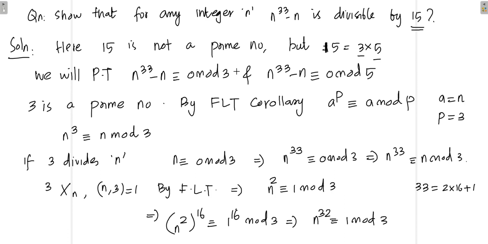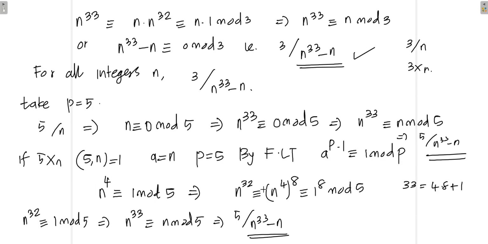So ഇവിടെ നമ്മൾ 15നെ 5 into 3 എന്ന് എഴുതിയത് 3യുടെ കേസിലും 5ന്റെ കേസിലും n raised to 33 minus n congruent to 0 mod 3 എന്നും n raised to 33 minus n congruent to 0 mod 5 എന്നും നമ്മൾ തെളിയിച്ചു കഴിഞ്ഞു. Okay. So 5 divides n raised to 33 minus n, 3 divides n raised to 33 minus n, which implies 15 divides n raised to 33 minus n. ഇതായിരുന്നു നമുക്ക് പ്രൂവ് ചെയ്യേണ്ടത്. ഓക്കെ.